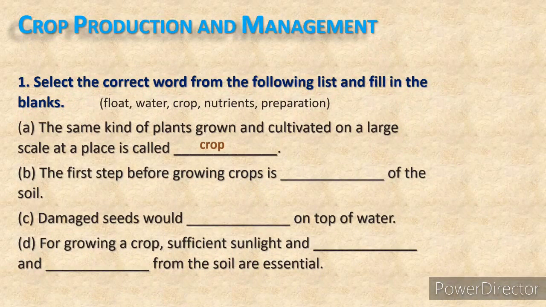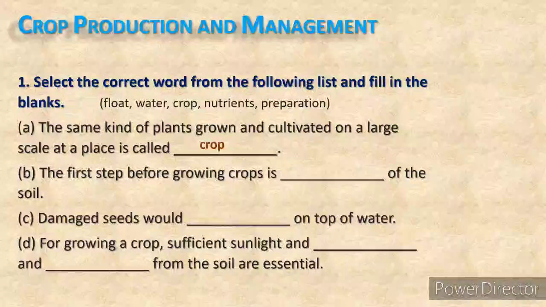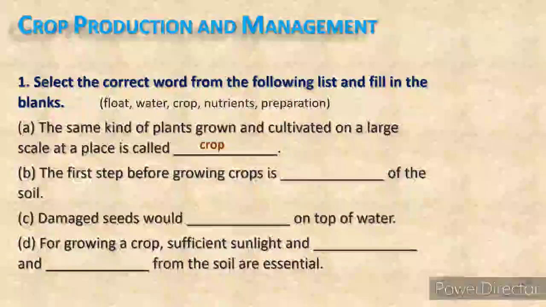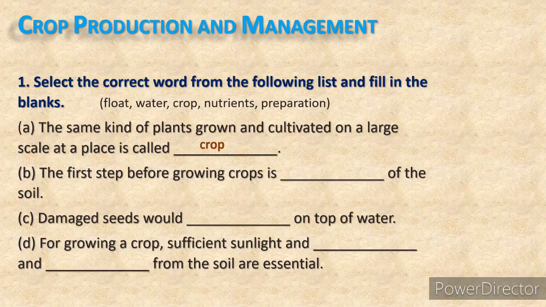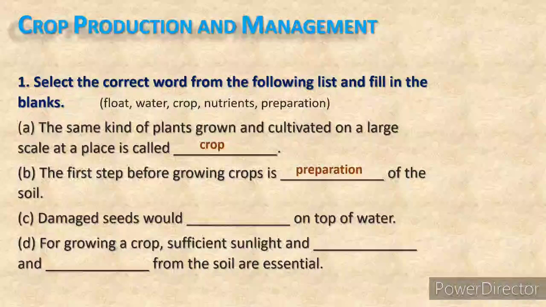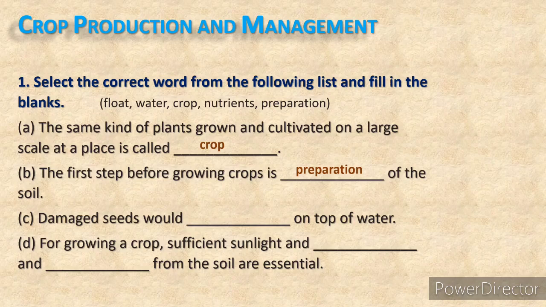Number A, the same kind of plant grown and cultivated on a large scale at a place is called crop. The first step before growing a crop is obviously the preparation of the soil, because without preparing the soil you cannot grow any crop on it.